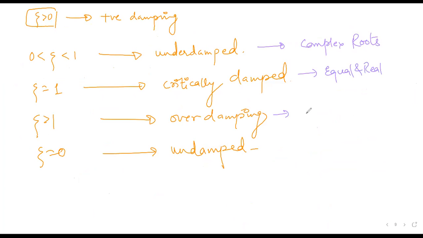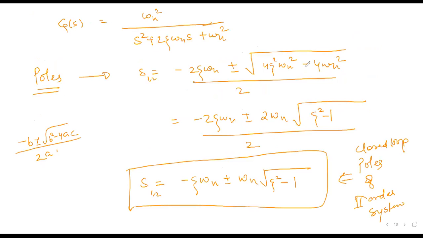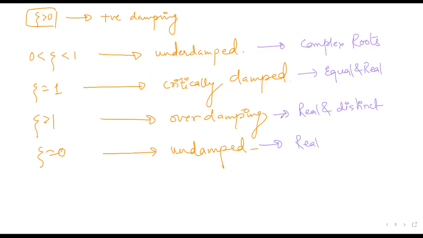Overdamped means real and distinct roots. Undamped means, sorry, imaginary: purely imaginary roots. Okay, you can write it. Now moving to your PDF.